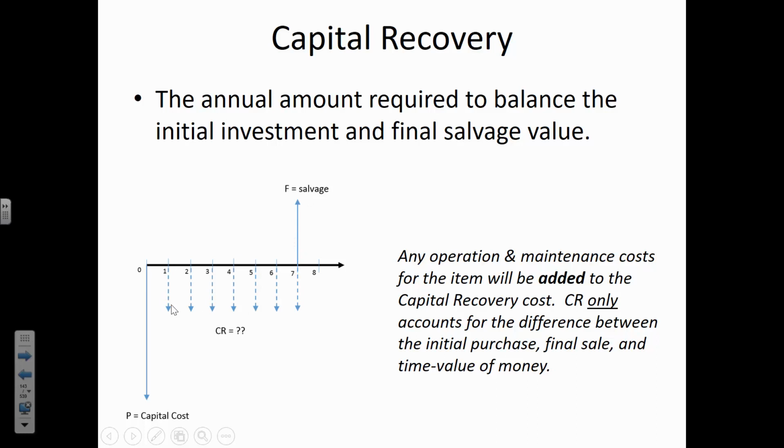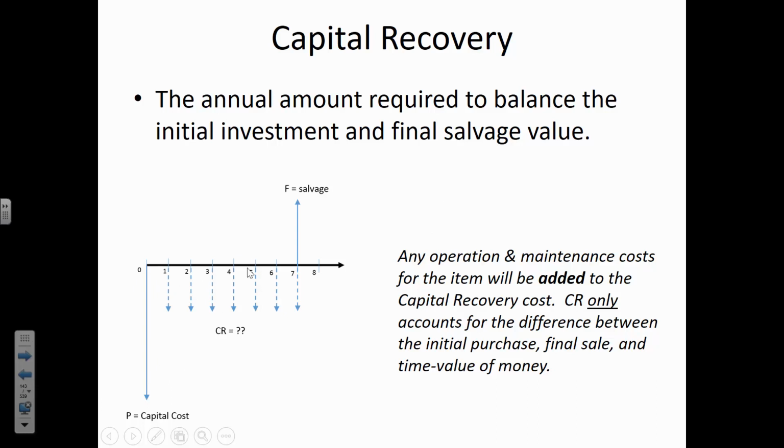And then what you're wondering is, taking the initial purchase price into consideration and the ultimate disposal value, how much would you have to receive each year to cover the difference? And so here the capital recovery, you'll notice that here it's showing the arrows are down because the initial purchase price is generally larger than the salvage value.